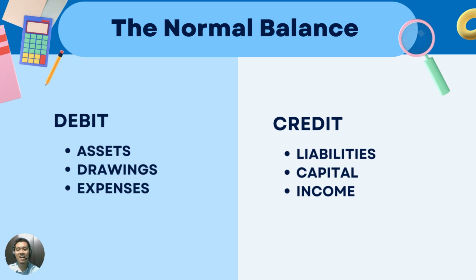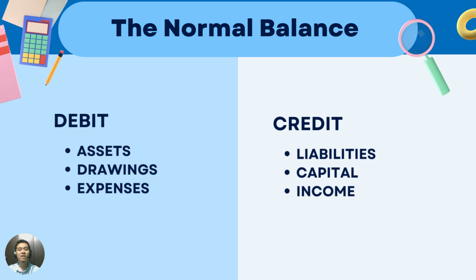So, to make it easier to understand, the normal balance is the side on which the account normally increases. So let's say, the normal balance of asset is the debit side. So since the normal balance is debit, all debits to asset increase the asset. And all credits to asset decrease the asset. So again, the normal balance is where the account normally increases.